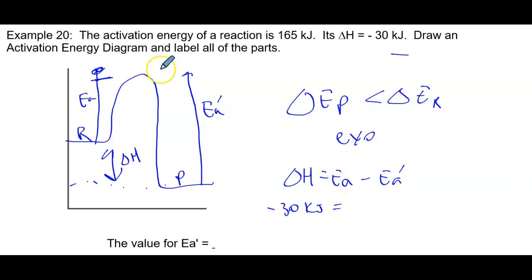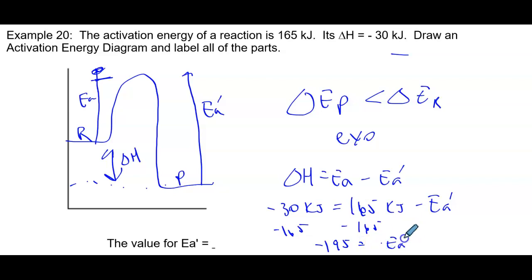We have E sub A, remember that's activation energy, 165 kilojoules minus E sub A prime. We subtract 165 from both sides, so we get negative 195 equals negative E sub A prime. Then we solve for E sub A prime by dividing both sides by negative 1, so we get 195 kilojoules for our final answer, positive 195 kilojoules.